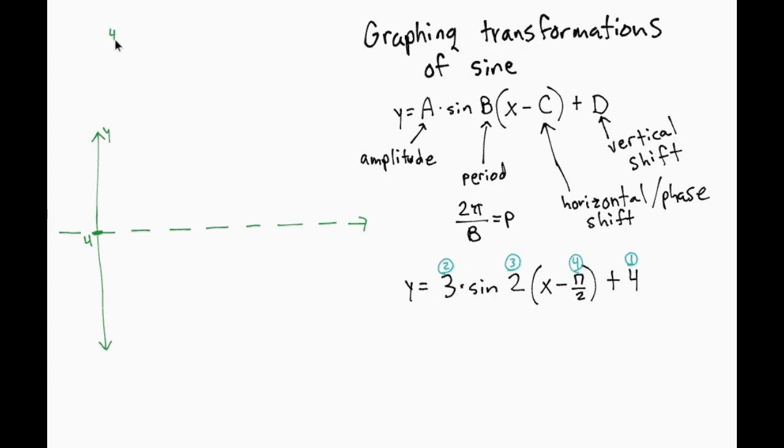Now that the midline is plotted, we'll use the amplitude to draw lines for the max and min. Remember that our amplitude is 3, so if we start at the midline and go up 3, that's where we'll plot the max, then start at the midline and go down 3 to plot the min. 4 plus 3 is 7, so the max will be at 7. 4 minus 3 is 1, so the min will be at y equals 1.